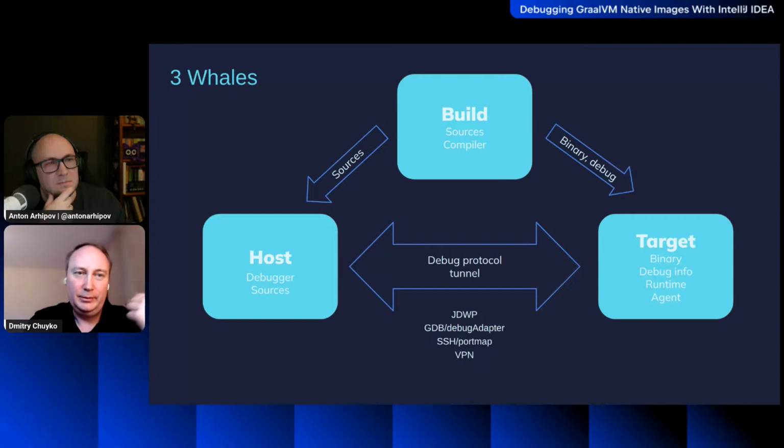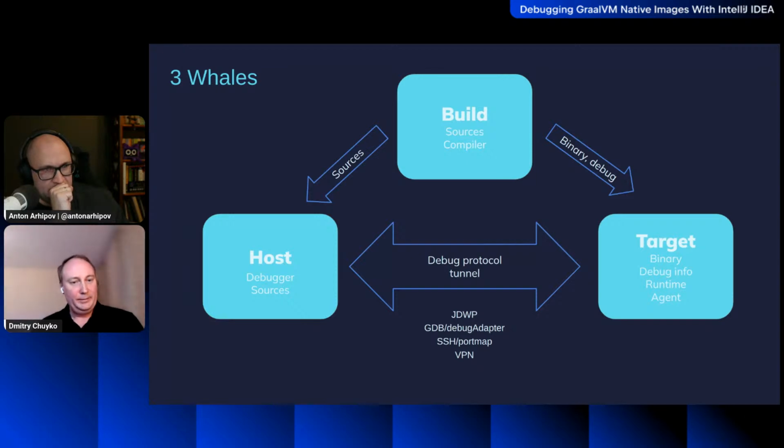And the debugger embedded in the IDE can easily link all the sources because they are already there when it gets some debug information from the target. So our target is a container, a machine, or whatever, maybe the same machine, where our target binary is running.